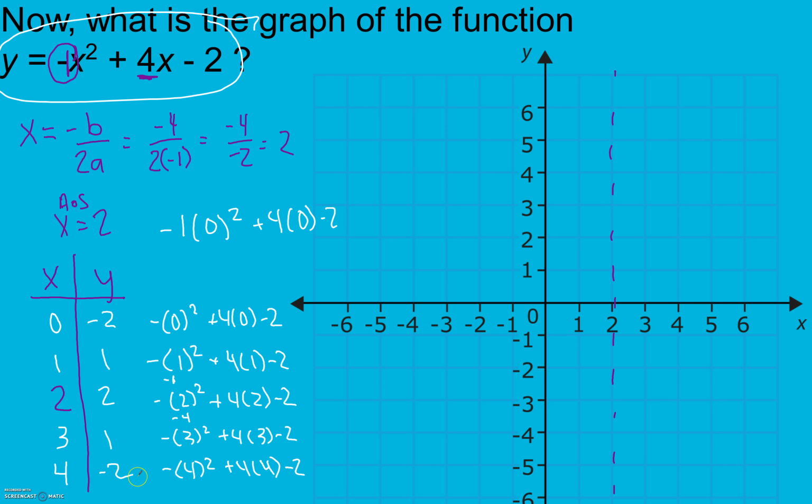And -2. So 0, -2. 1, 1, 2, 2. Remember, these are just ordered pairs. 3, 1, and 4, -2.